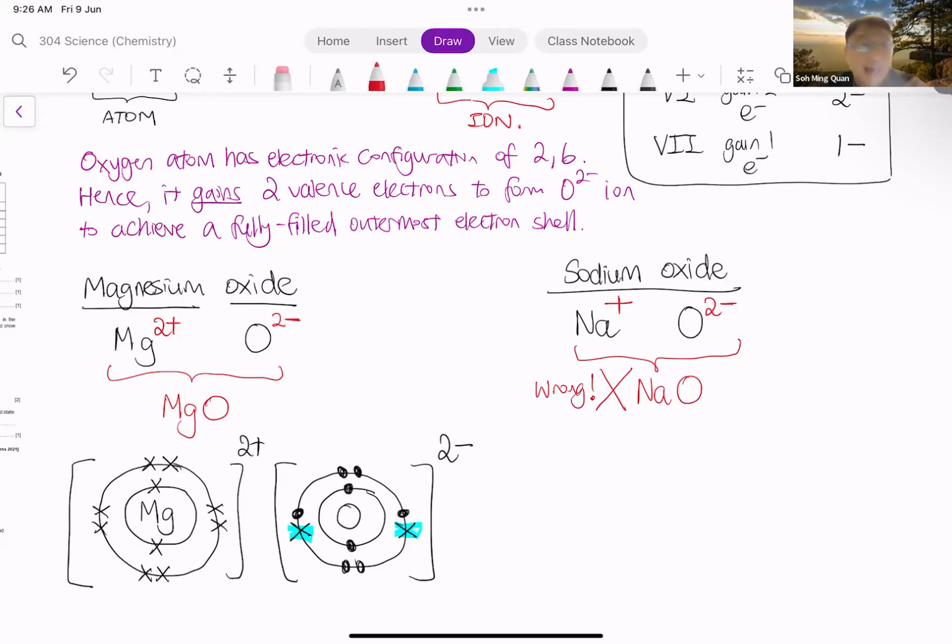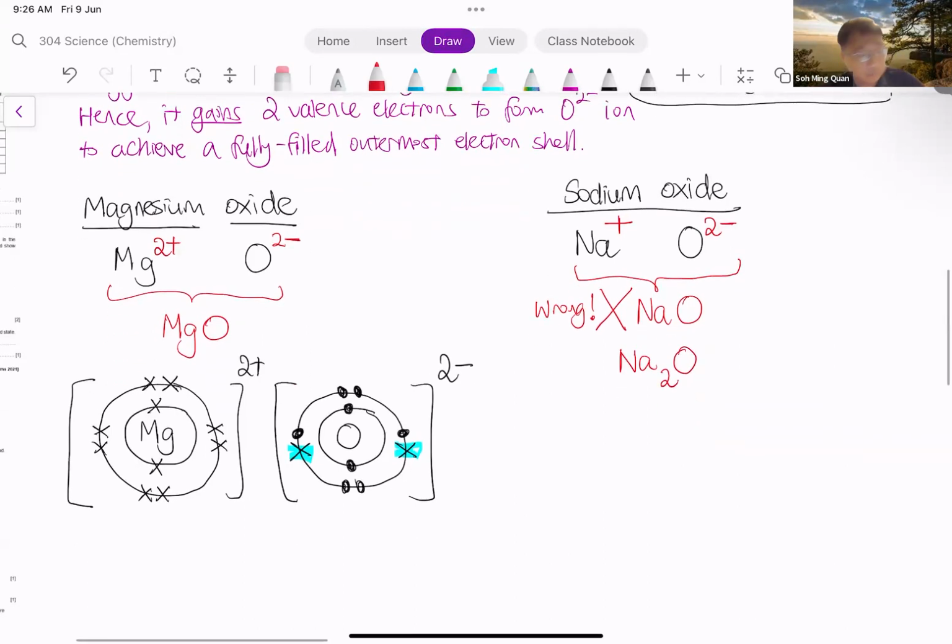For the positive and negative to balance out, in the case of sodium oxide, we know that oxide is double negative. So you will need 2 times the amount of sodium in order to balance out the double negative charge. So it's Na2O.